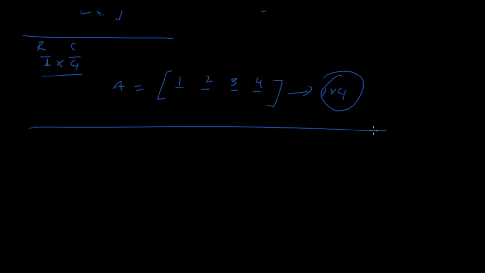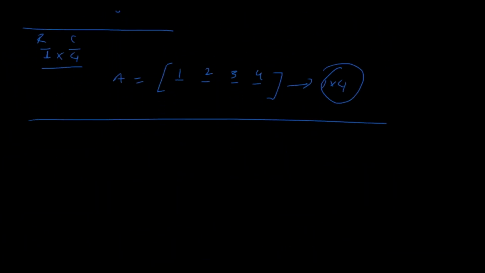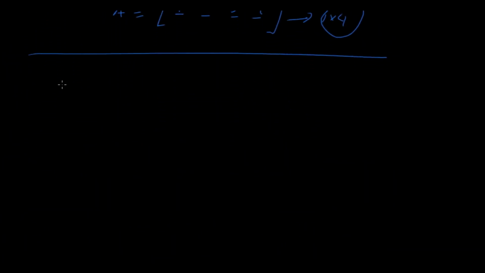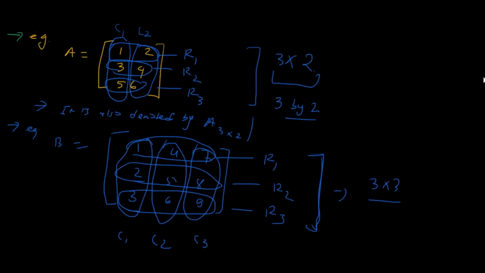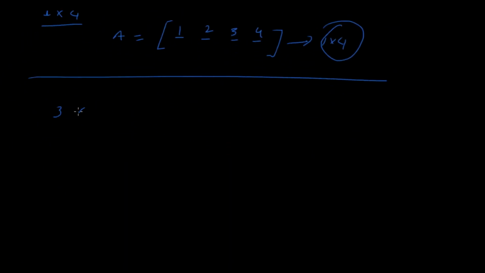Sometimes you can be asked for a 3 by 4 matrix. Here 3 is the rows and 4 is the columns.